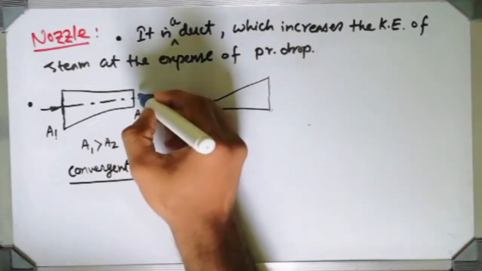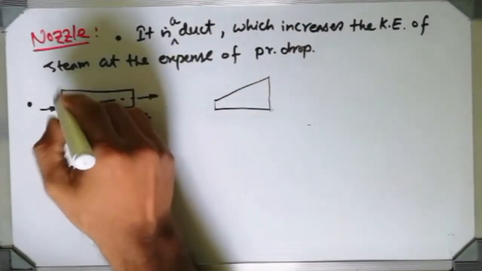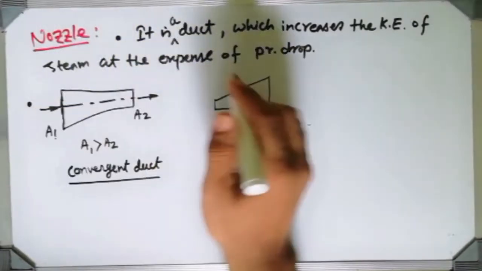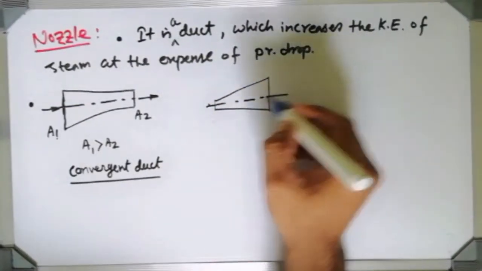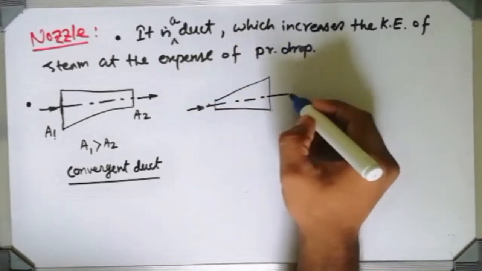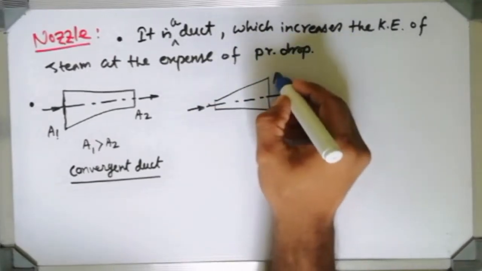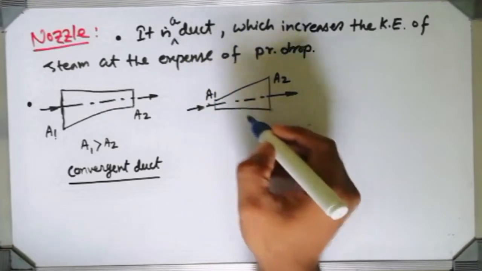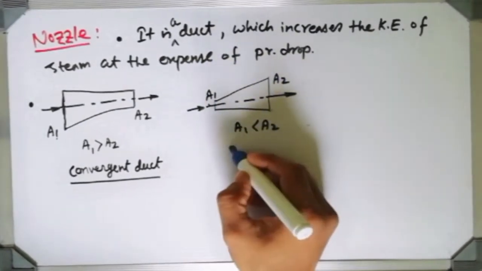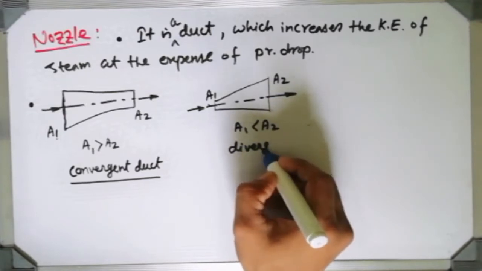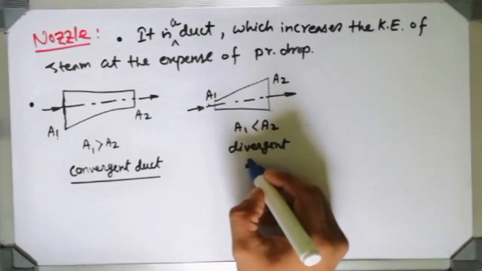Obviously the cross section is a circular one, don't take it like this. I am giving you a front view. If you take a side view, it is a circular cross section. Here also it is the incoming and it is the outgoing. This one side cross section is A1, and this is A2. Here A1 is less than A2 and this section is known as a divergent section or divergent duct.